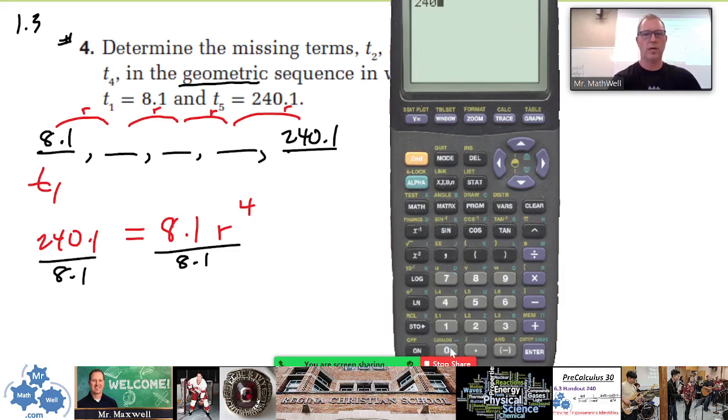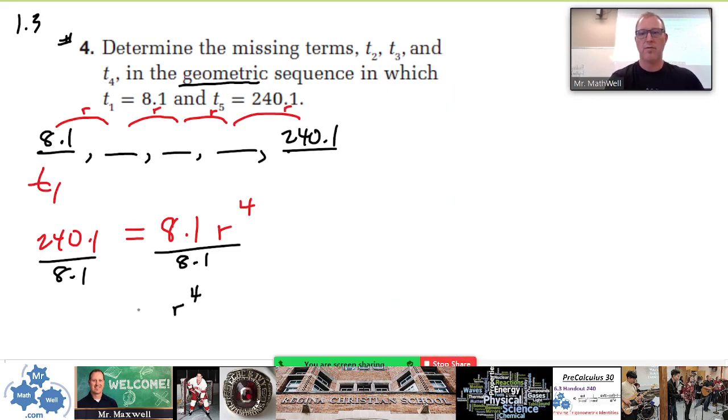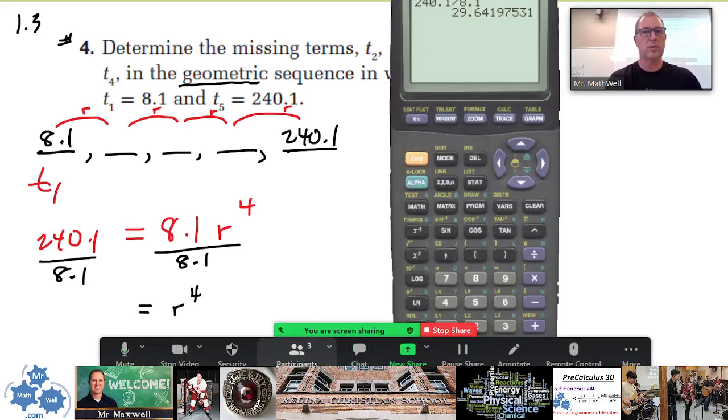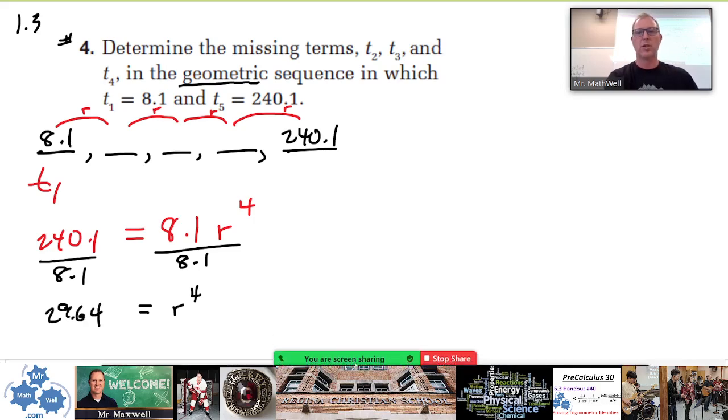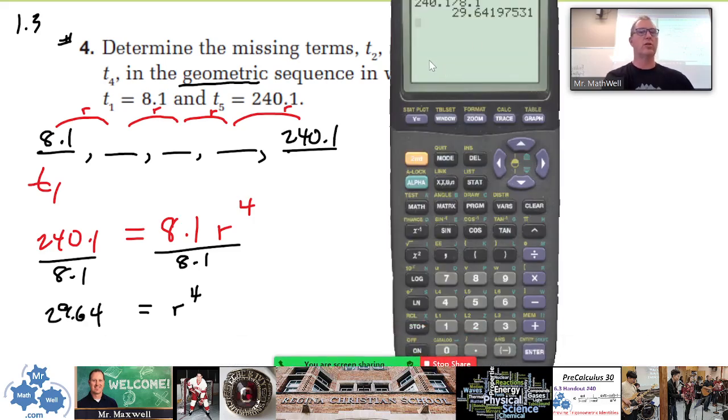So 240.1 divided by 8.1 is this crazy number right here. Okay. So that gives us R to the power of 4 equals this number, which was 29.64 or so. Now you're going to keep that number on your calculator. You're going to use the full decimal there, so that'll be great.